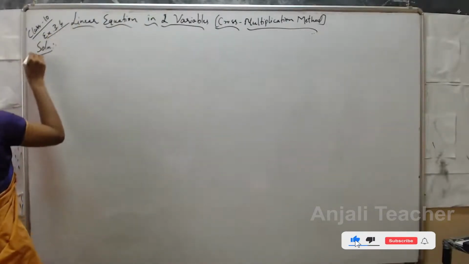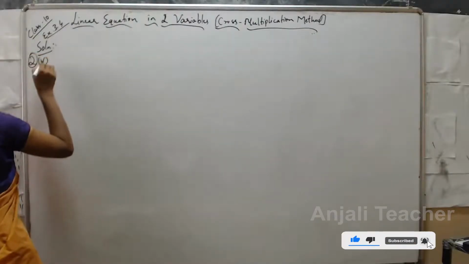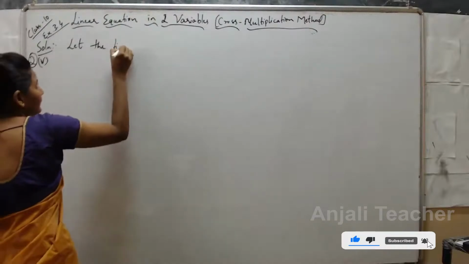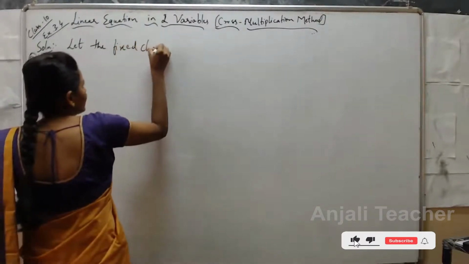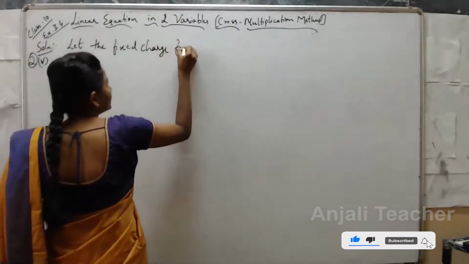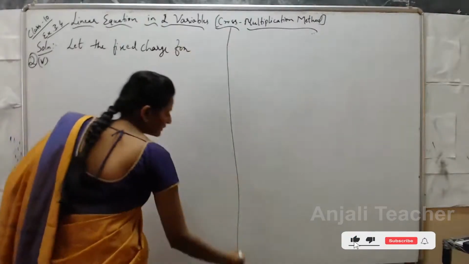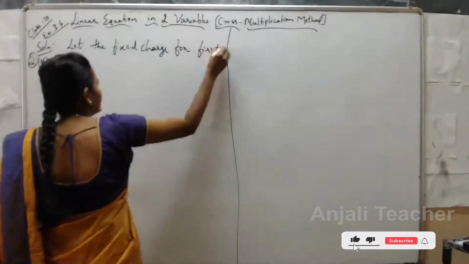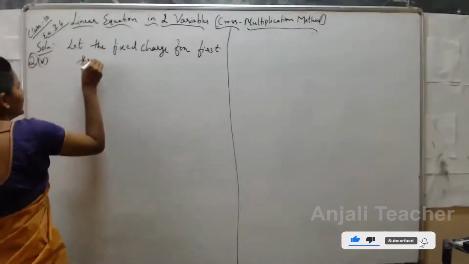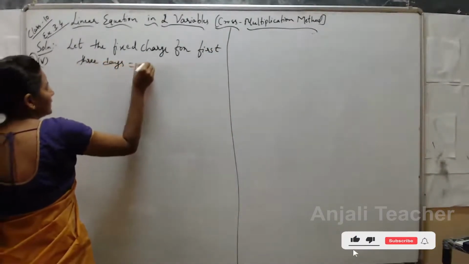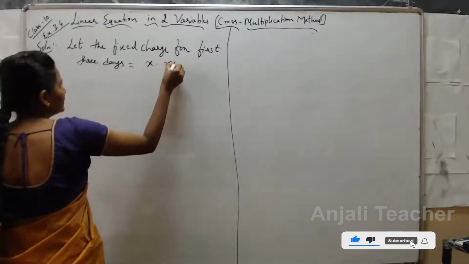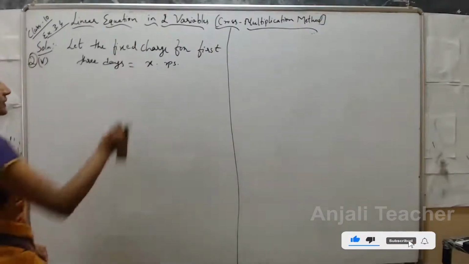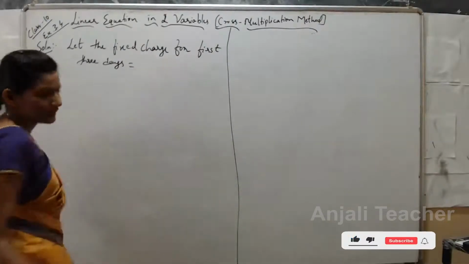Let the fixed charge for the first 3 days be X rupees. You can write X rupees or rupees X. I used to write X rupees only.